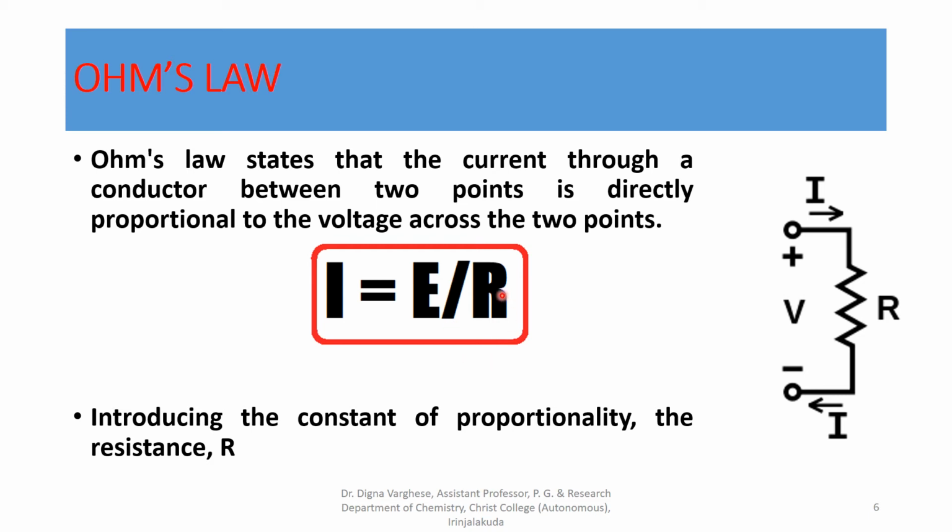So Ohm's law states that the current through a conductor between 2 points is directly proportional to the voltage across the 2 points. Here the proportionality constant is R, resistance. So I is equal to E by R.